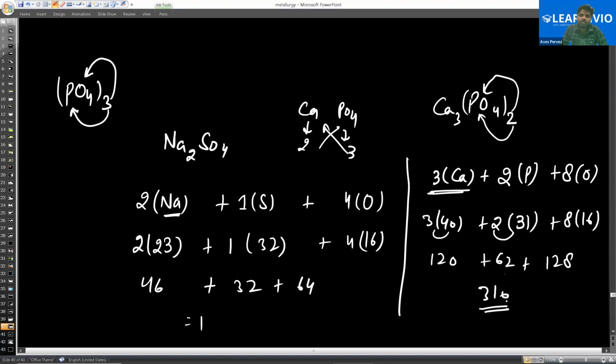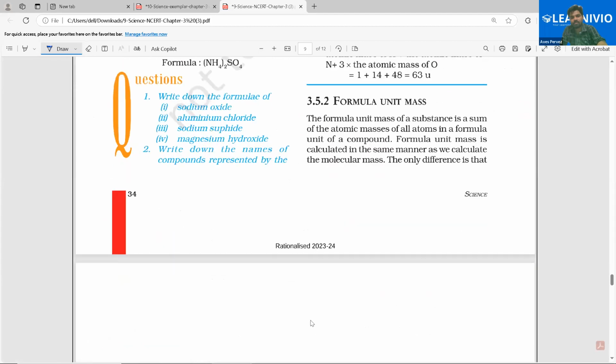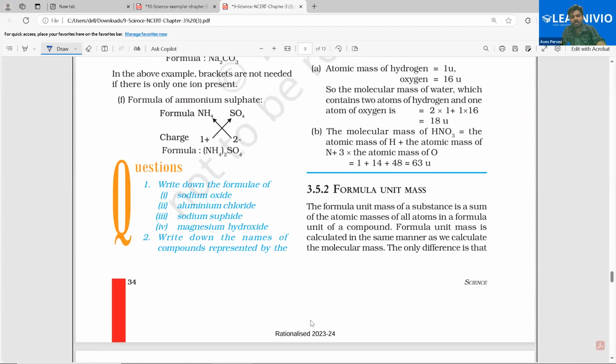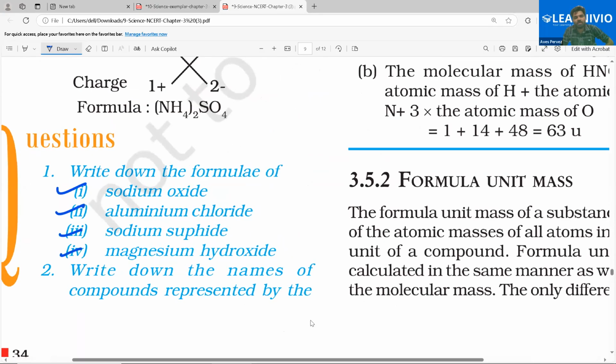Understood? Yes or no? Try to calculate the molecular mass with the help of the valency chart. Try to write down the formula of these compounds and also calculate their molecular mass.